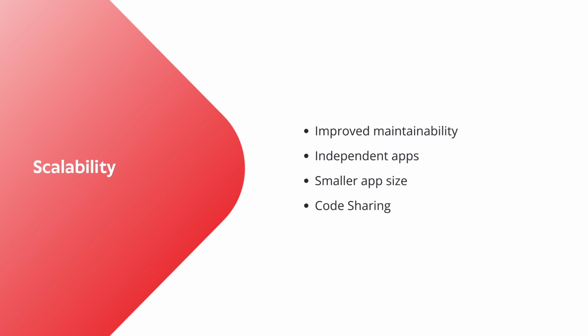Independent apps are there, so we can just go to a particular app, and if we want to introduce a new app, we can do that easily, rather than depending on one single application. We have smaller app size, so we can incrementally increase our application. If we want to scale it much further, we can. We can introduce some new application or some new feature really quickly.